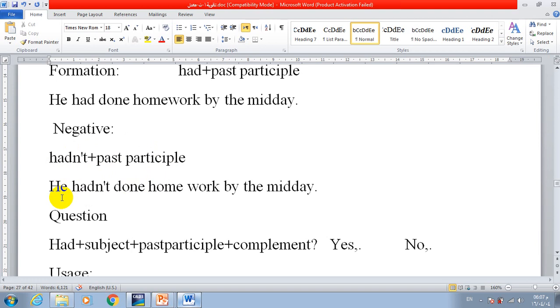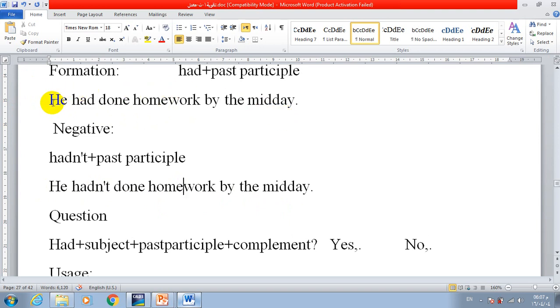Like you see in the example, he hadn't done homework by the midday. This sentence is the same as the first one. He had done homework by the midday.